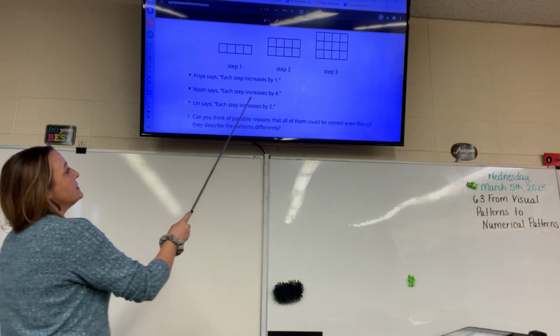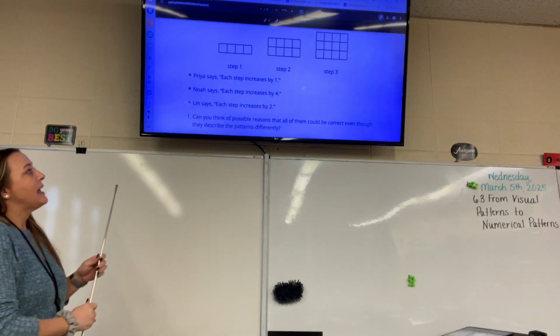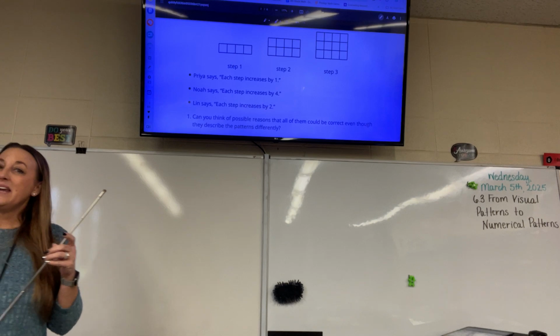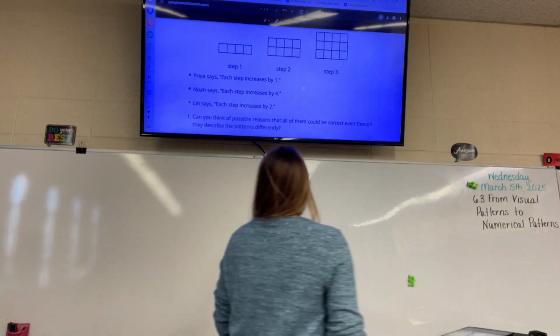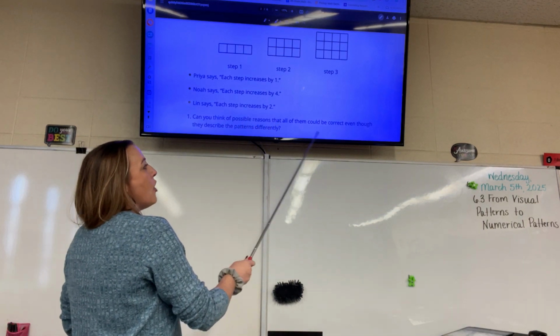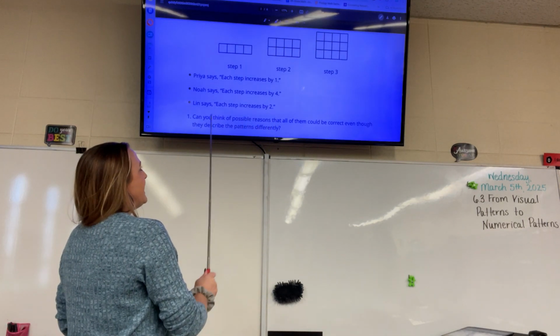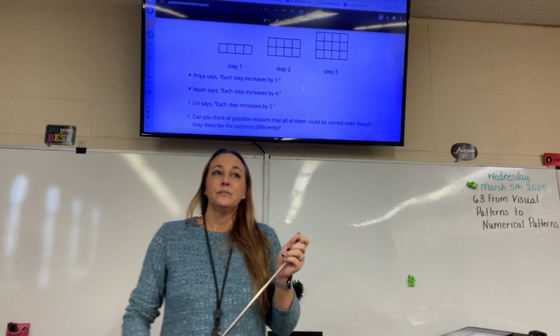Noah says each step increases by 4. And Lynn says each step increases by 2. Can you think of possible reasons that all of them could be correct, even though they describe the patterns differently?